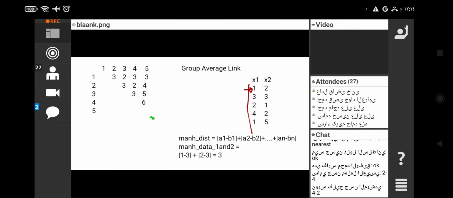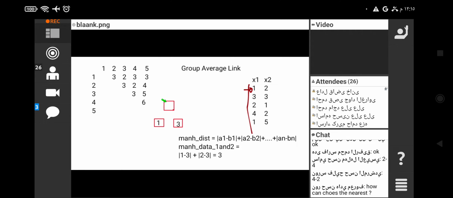Okay, so let me write it here. I select 1 and 3. So these two clusters are combined together, and we have a new cluster.